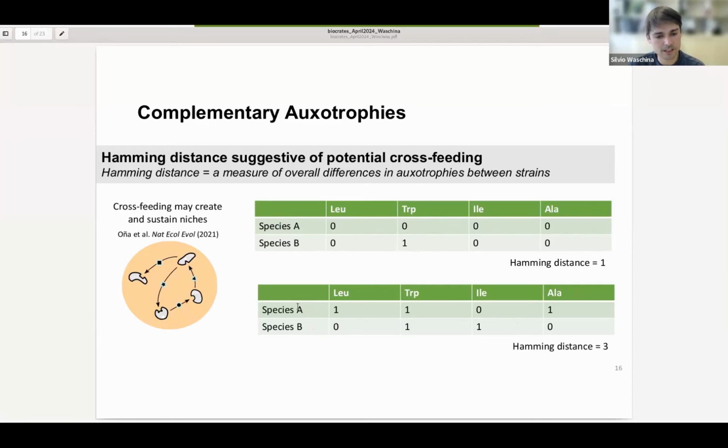For example, here species A is auxotroph for leucine, tryptophan, and alanine, whereas the other is only auxotroph for tryptophan and isoleucine, and there we get a Hamming distance of 3 because we have 3 mismatches in these predictions. So the Hamming distance is a measure of potential cross-feeding between the species that coexist in an environment.